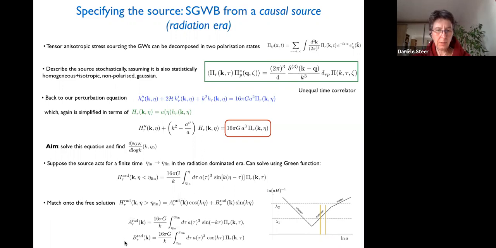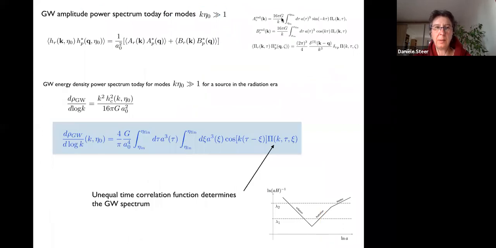So here are the solutions for the k-dependent constants A_R and B_R in the radiation era. I'm going to copy those again on the next slide. They're up here. And I've also copied the formula for the definition of the unequal time correlator of the anisotropic stress.